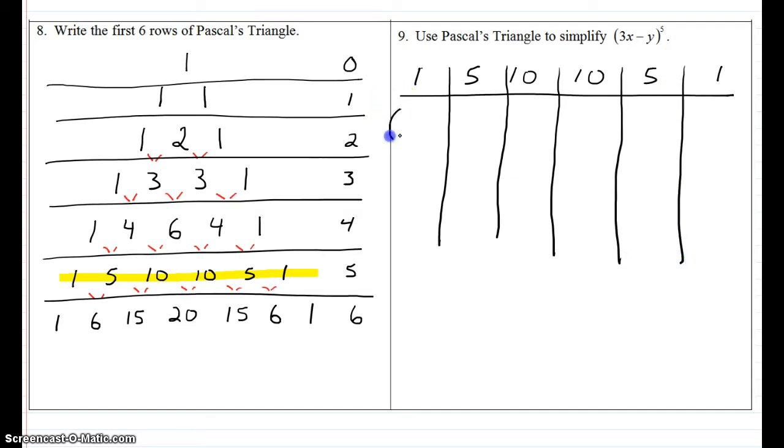And then just go and put open parentheses in each column. And now the first term, that 3x, you're going to write in each set of parentheses.